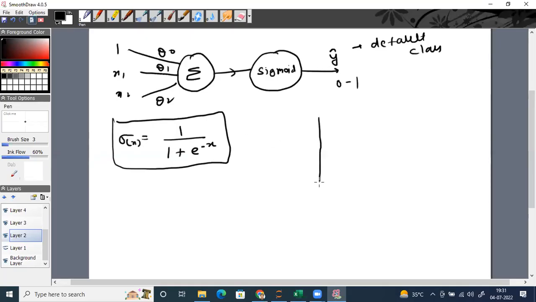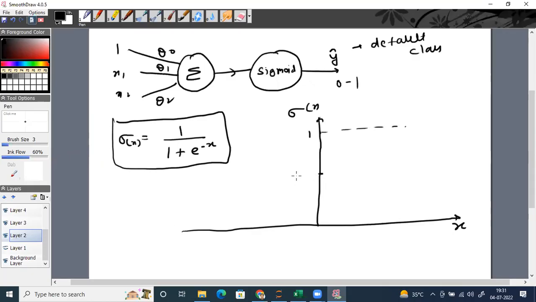If you see the graph, it is very much like this: this is x, this is sigmoid of x, this is 1, and this is 0.5. Whatever value of x you pass, positive, negative, or 0, its value will always lie between 0 and 1.